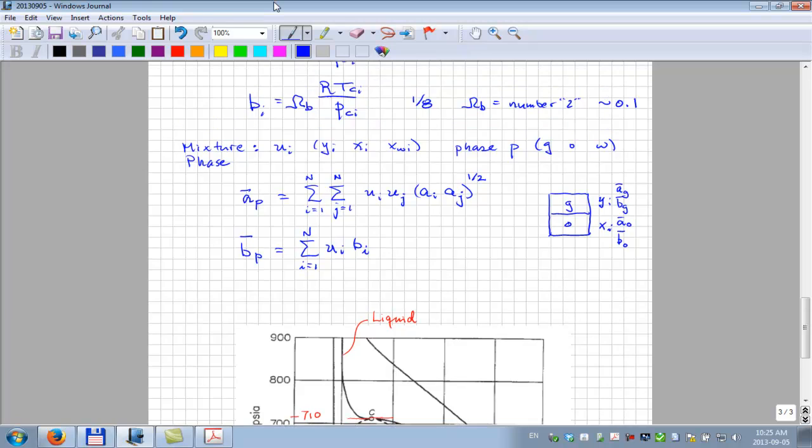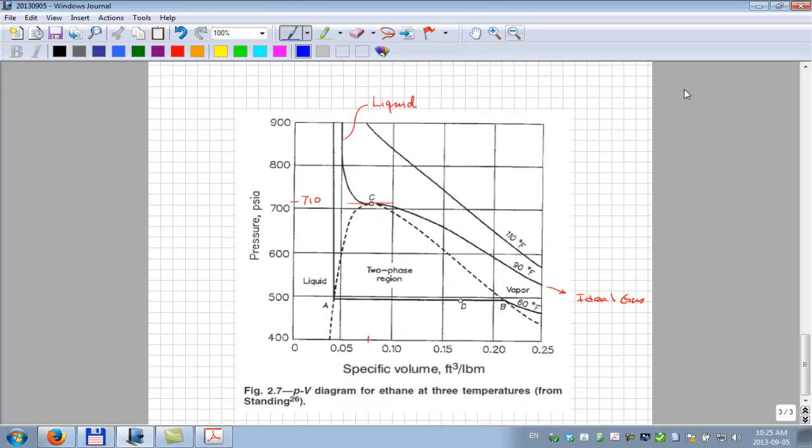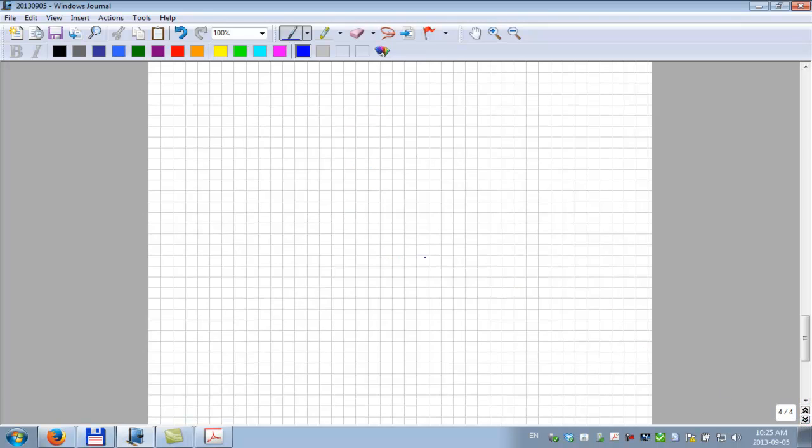So let's talk briefly, as an introduction to phase equilibrium, thermodynamics, chemical equilibrium. Let's introduce briefly the basic phase equilibrium behavior of a pure component. So we're going to basically look at single component phase equilibria.